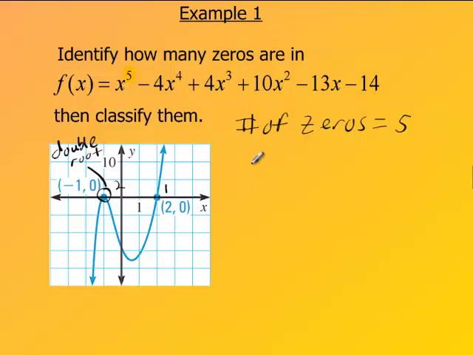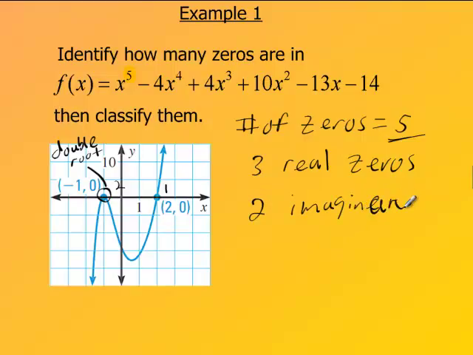So we're going to have 3 real zeros, but the total number of zeros we're supposed to have is 5. So that means we're going to have 2 zeros that must be imaginary, that we cannot see on this plane, because this is the real number system.